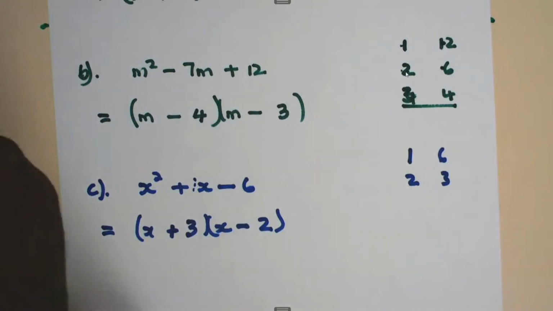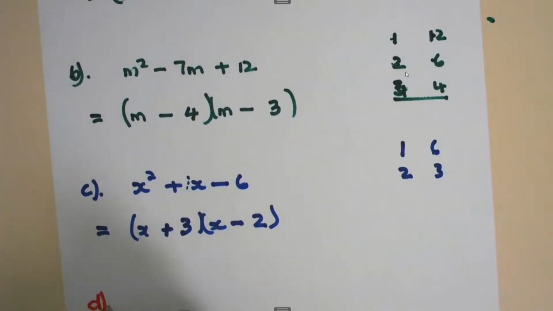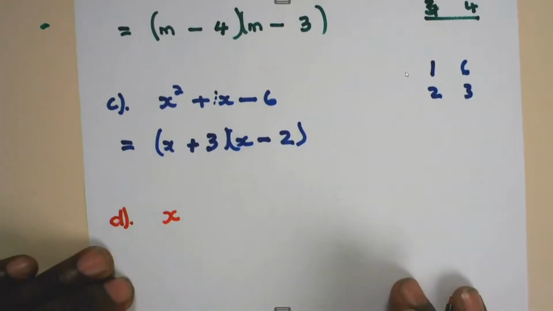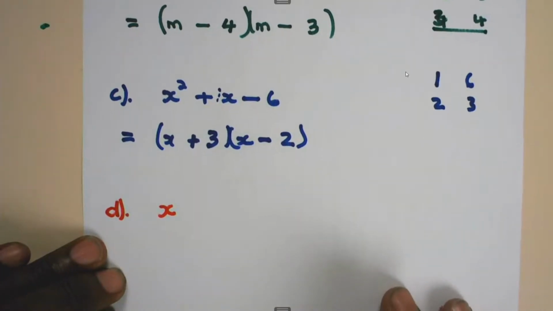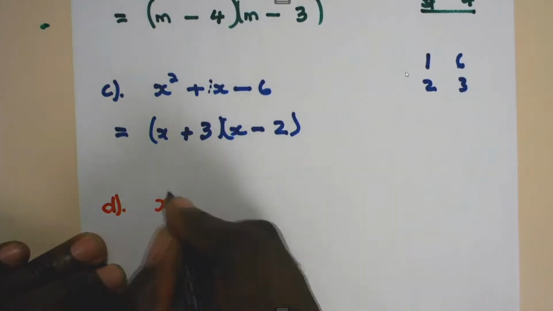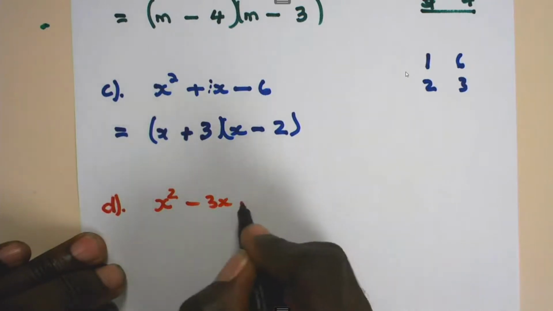Number D, which is the last one, is x squared minus 3x minus 10.